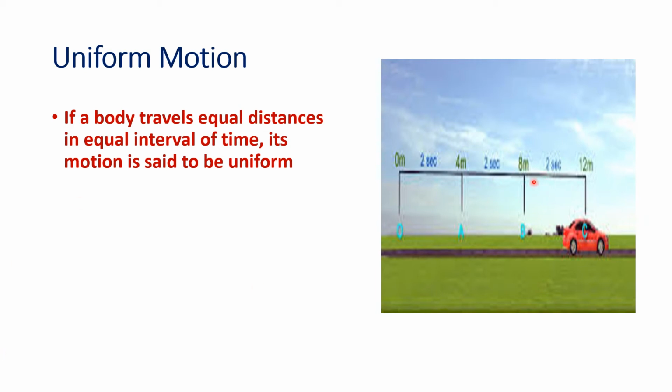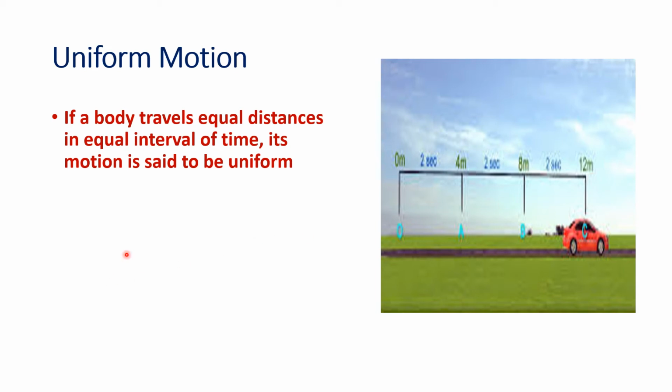And in the last 2 seconds, it goes from 8 to 12. How much distance has it traveled? 12 minus 8, so that is again 4. So in every 2 seconds, it is going 4 meters, 4 meters, 4 meters. So that means it is uniform motion.